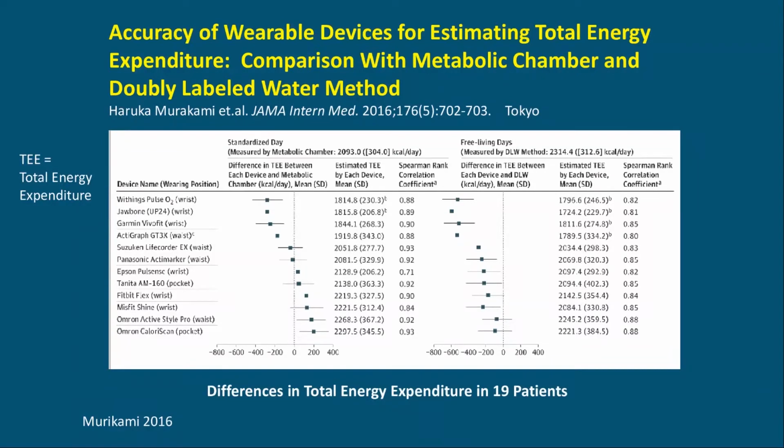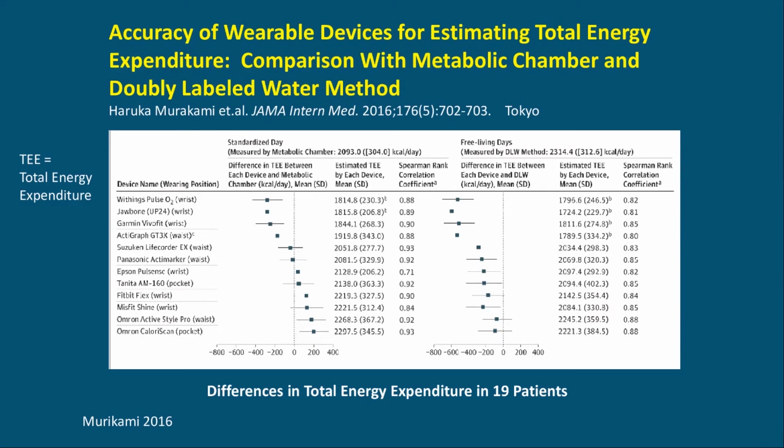Another, Haruka Murakami, who, my goodness, this man started in Yamagata, Japan, just out of Tokyo, 25 years ago, the 10,000 step protocol. And he's still at it. He looked at the variances you see in wearable devices in their ability to predict, and they don't really measure it, to predict energy expenditure, caloric expenditure.